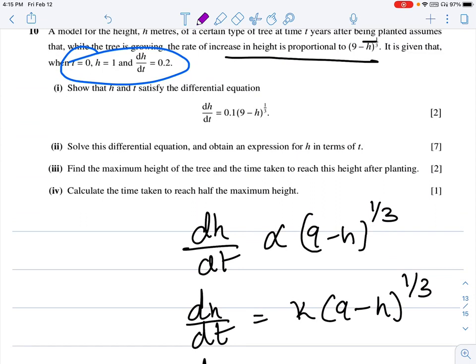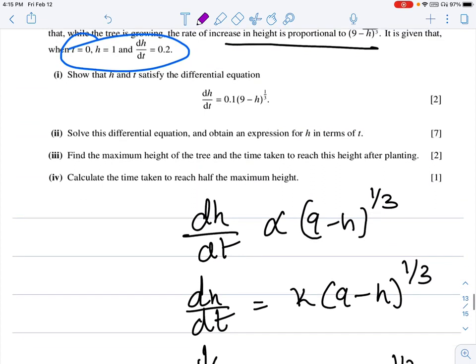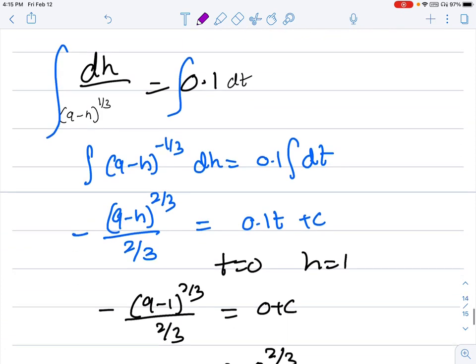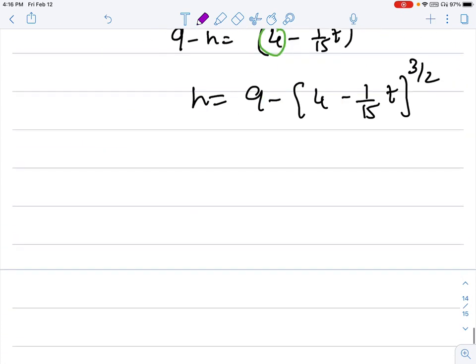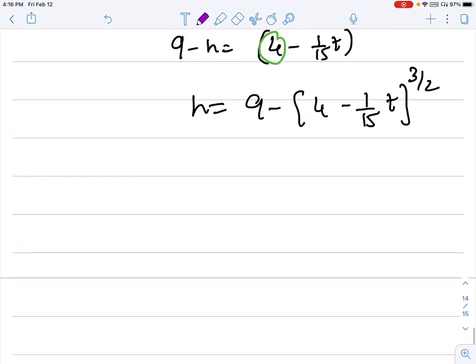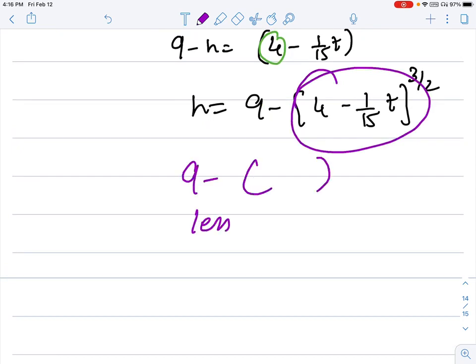Find the maximum height of the tree and the time taken to reach this height after planting. Maximum height of the tree: we can see that 9 minus something will always be less than or equal to 9. So the maximum height is going to be 9.